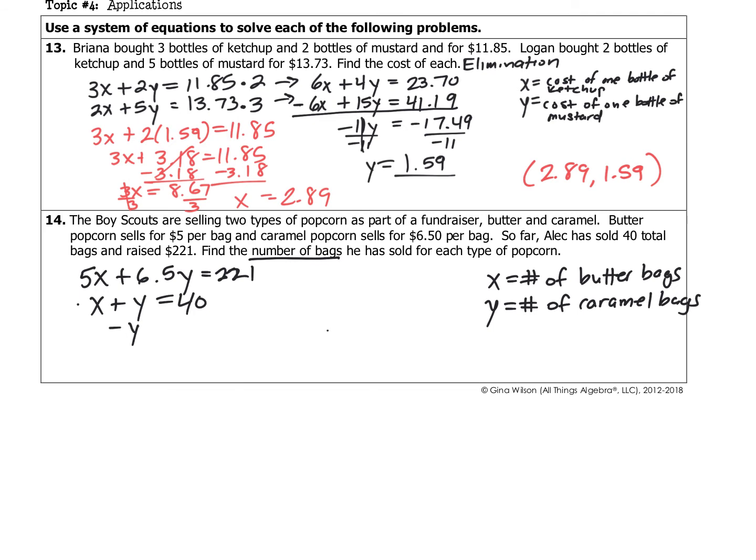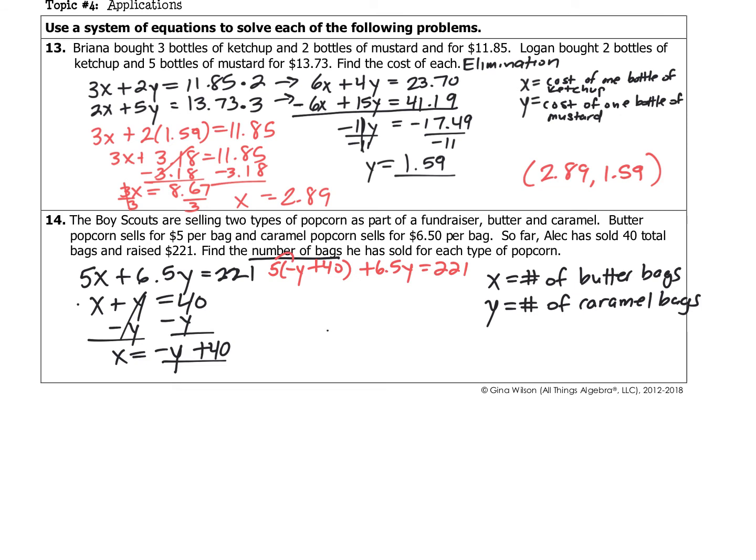I'm going to subtract y from both sides, and I'm going to get x equals negative y plus 40. And then I'm going to take what x equals and substitute it for x in that first equation. I'm going to use a different color. So we get 5 times negative y plus 40 plus 6.5y equals 221.